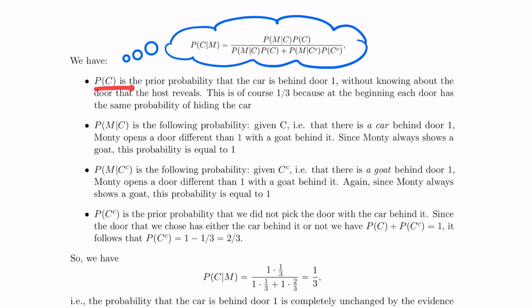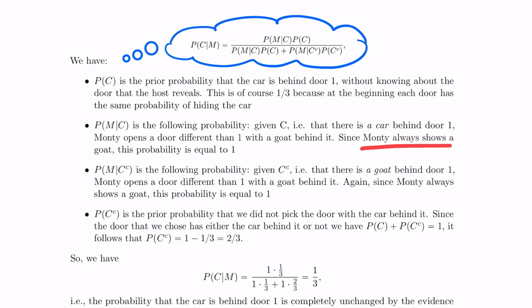P of C is the prior probability that the car is behind door 1, and we have already seen that its value is 1/3. The meaning of this probability is the following. Given C, there is a car behind door 1, Monty opens a door different than 1 with a goat behind it.